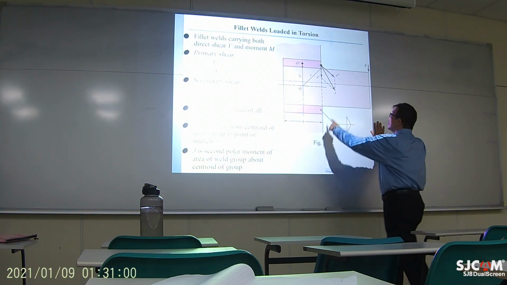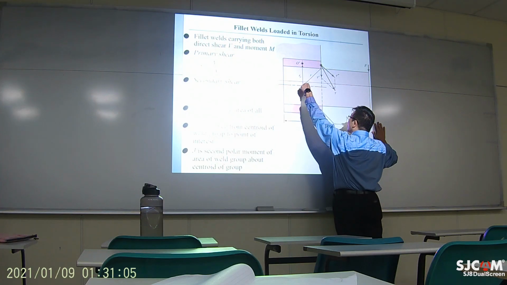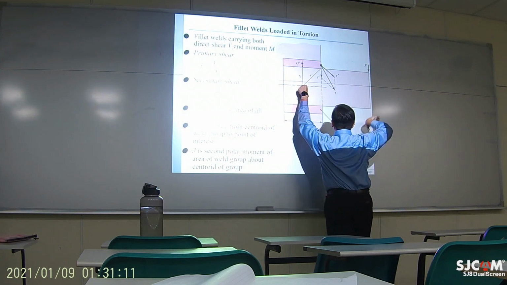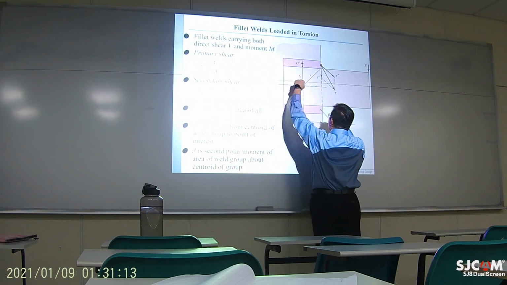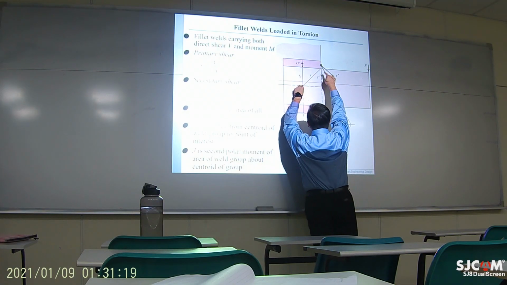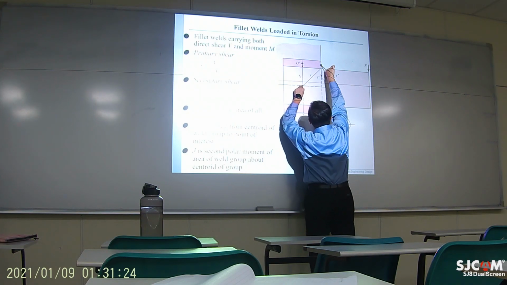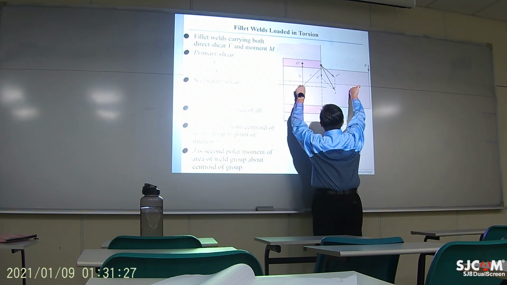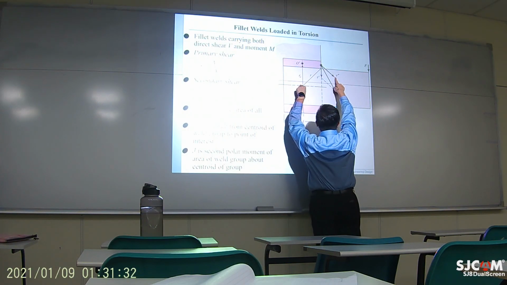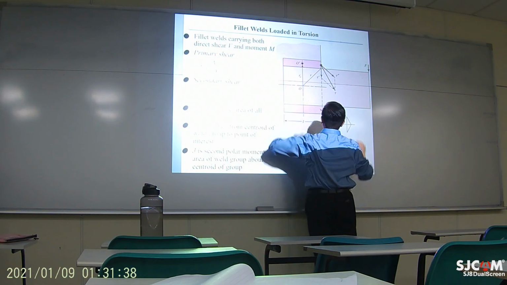And the second part will be this tau double prime, which means there is actually a rotational center right here. And when you have this moment, the whole thing is going to rotate about this center. And about this center, perpendicular to this radial direction, there is going to be a tangential vector going clockwise. That is the shearing stress due to this rotation.